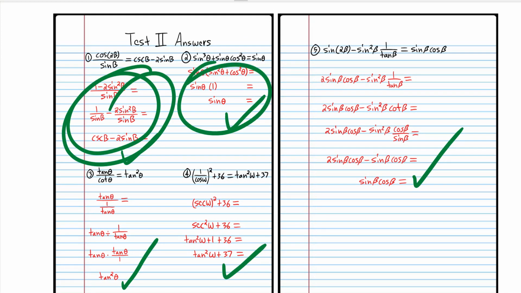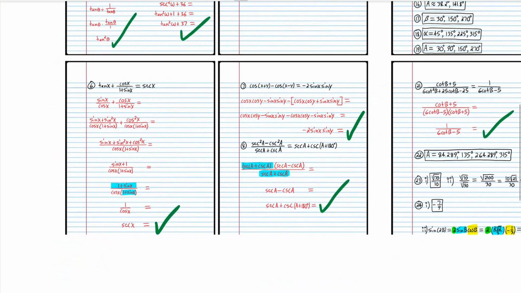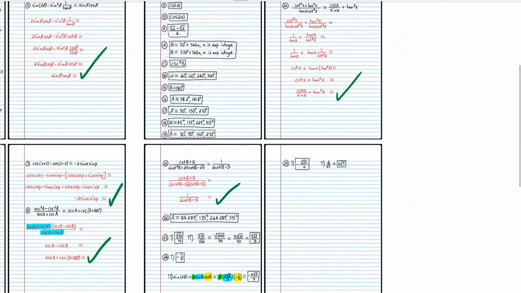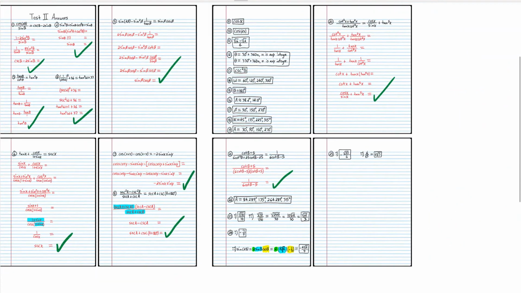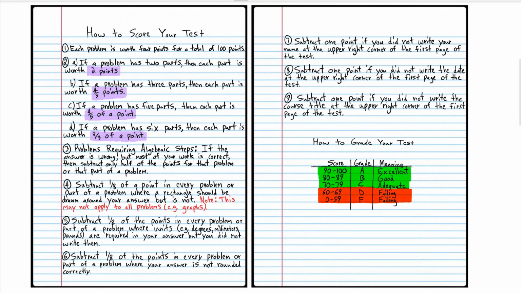You need to show all this work. And let me know if you have any questions about how to score the test. So go ahead and score your test, and when you come back we'll talk about how to grade the test, and you can click on the time code in the description where it says how to grade your test.